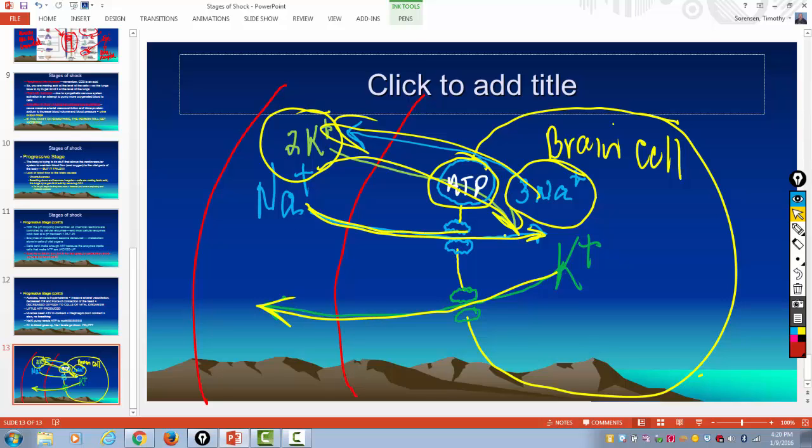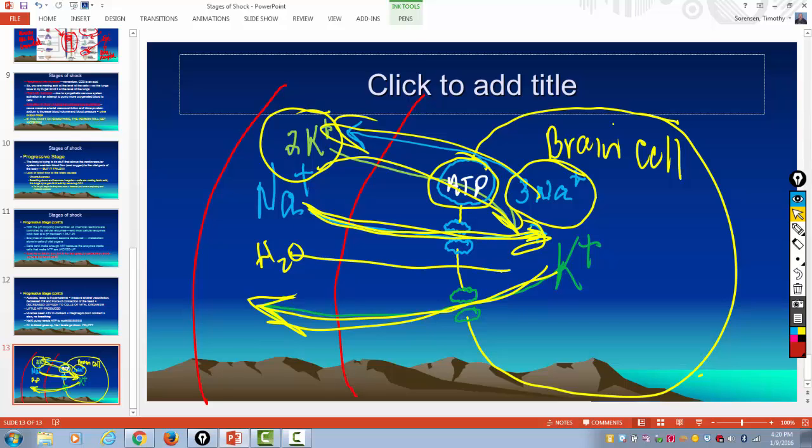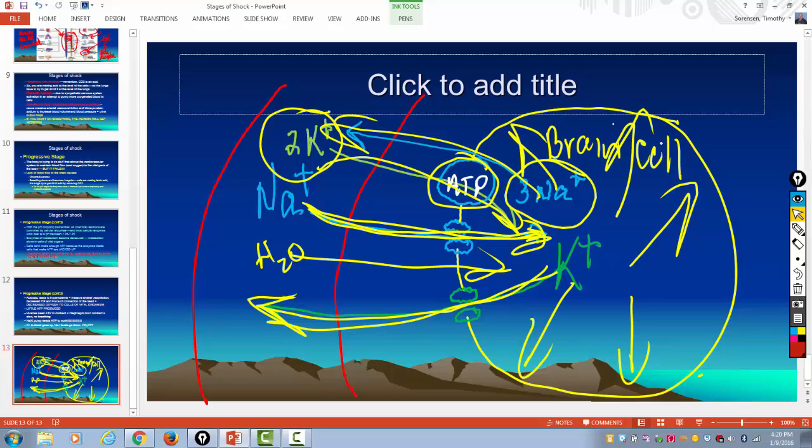Sodium will begin to leak in. Potassium will begin to leak out. But when the sodium leaks in, water follows the sodium by osmosis. Boom. And because you're not getting it pumped out by the sodium-potassium pump, the water will follow, and you will pump up the volume of your brain cells until they rupture and you have permanent brain damage.